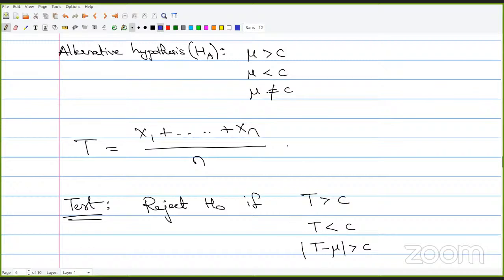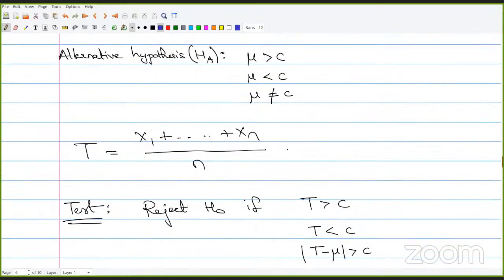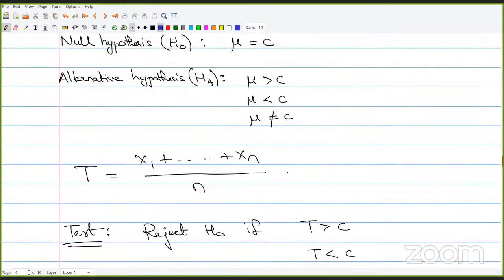If it is not equal, then we take the absolute value of the difference: the absolute value of X bar minus mu is greater than C. So if the difference is greater than some critical value, we are going to reject it.